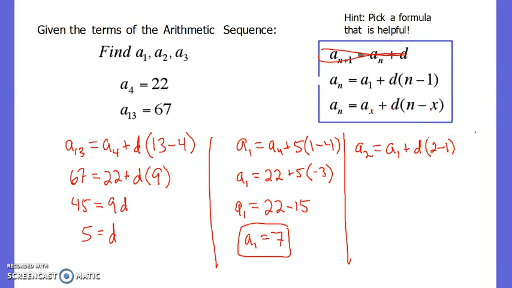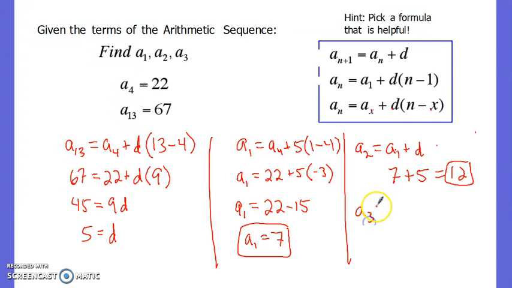And in fact, again, that's what this other formula up here is also getting at. Up top, the fact that really 2 minus 1 is just 1. So if I really want to just take a sub 1 and add the difference one time, a sub 1 will get me to a sub 2. Or that a sub 2 basically would have been a sub 1, or 7, plus the difference of 5, and a sub 2 equals 12.